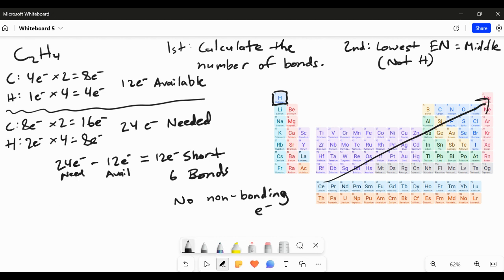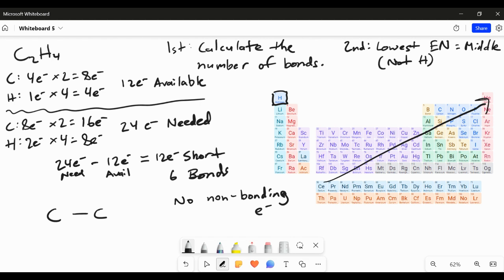So because of that, hydrogen is never in the center of a molecule. Okay? So in our molecule, we know that carbon has to be in the center. And there's 2 carbons, so they have to be bonded to each other. Now what we're going to do is start connecting hydrogens to this.